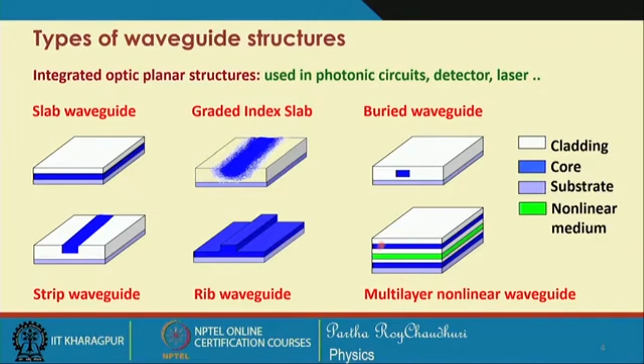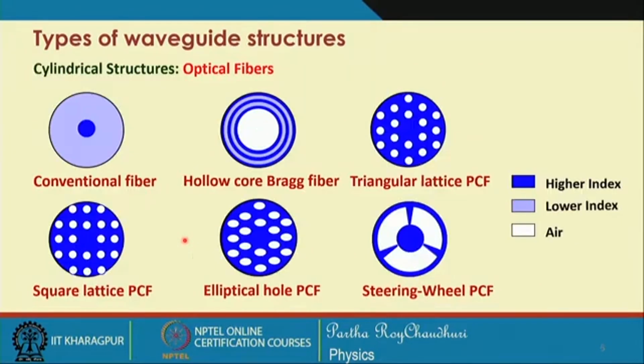These are of particular importance in optoelectronic devices. But these are all step index profiles. This is the one which is graded index profile, and most of these waveguides are very often used in integrated optics and photonics.